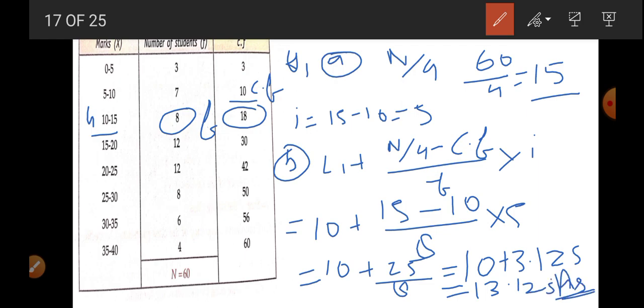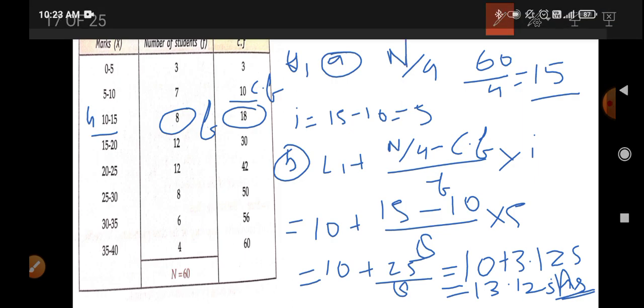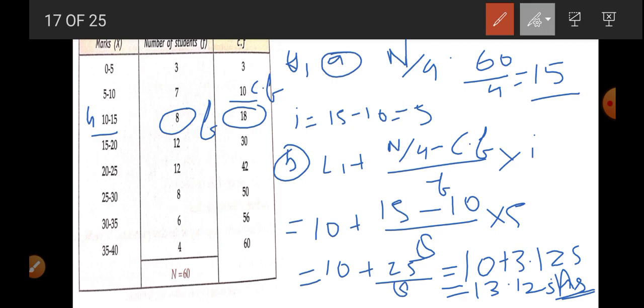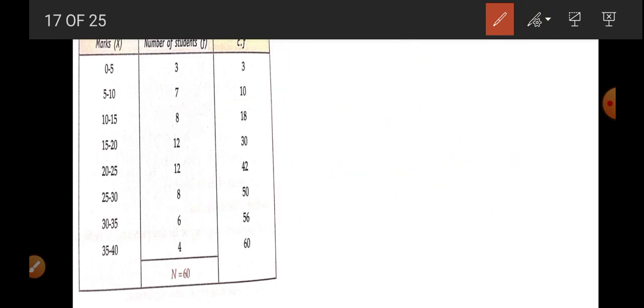Okay student, now the same way we are going to calculate Q3. First we use the first equation, that will be 3n upon 4.